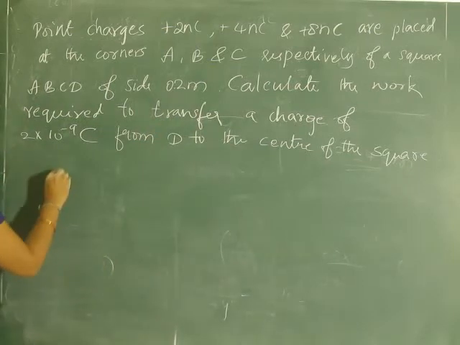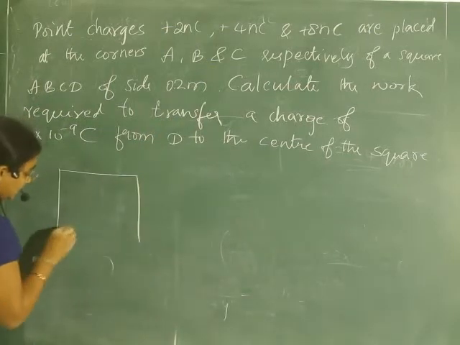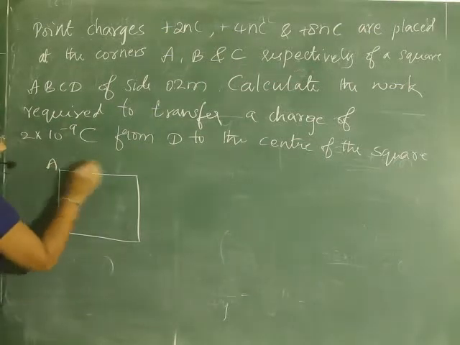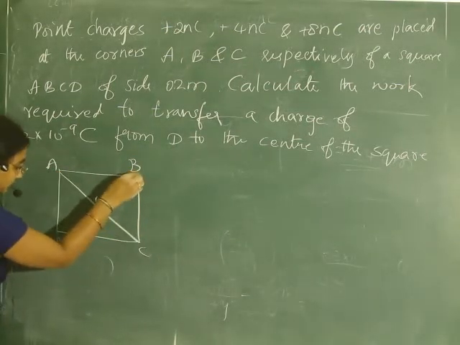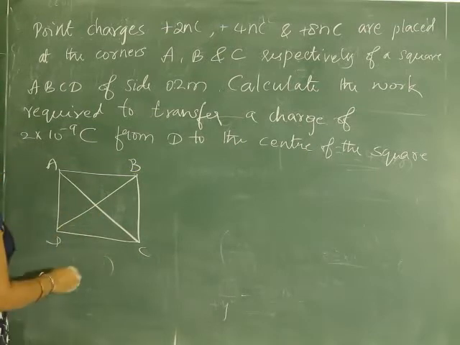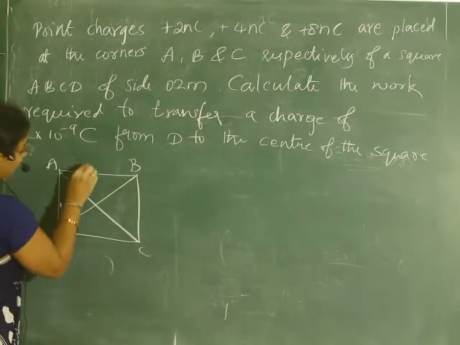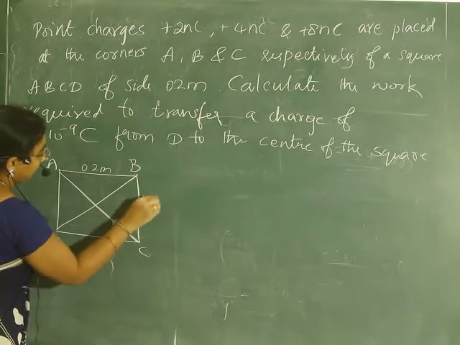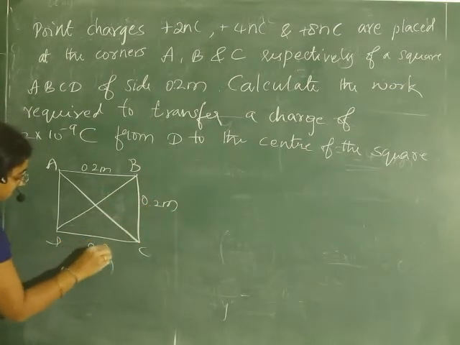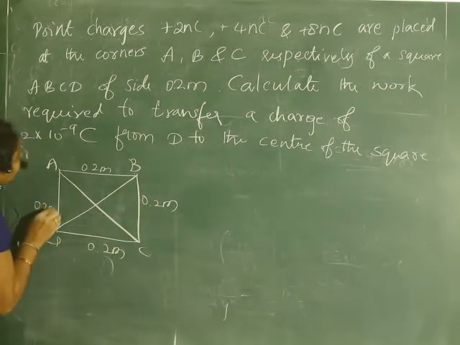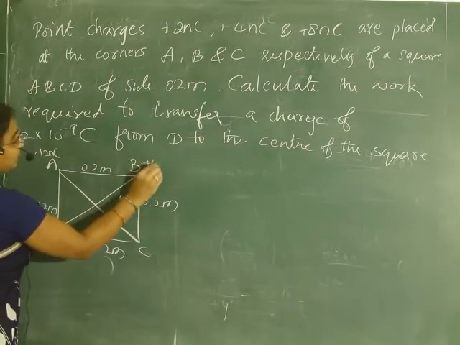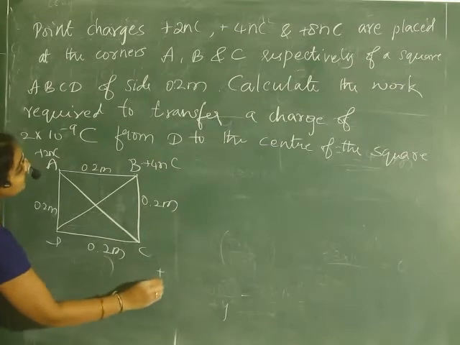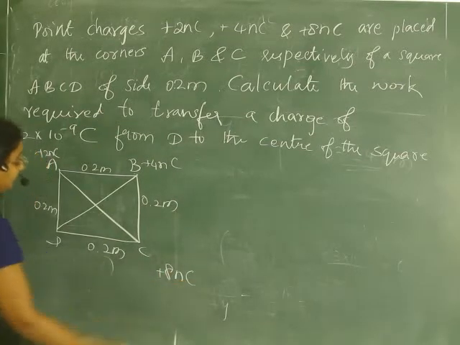Okay, let us draw a square A, B, C, D of side 0.2 meter, with plus 2 nanocoulomb, plus 4 nanocoulomb and plus 8 nanocoulomb.